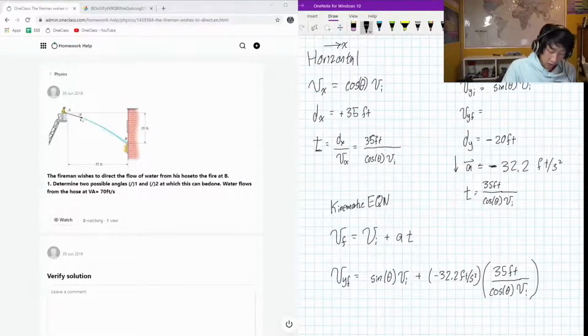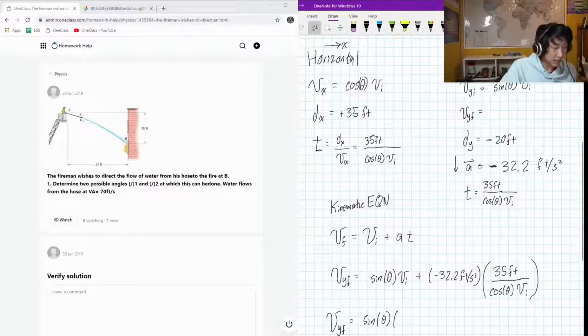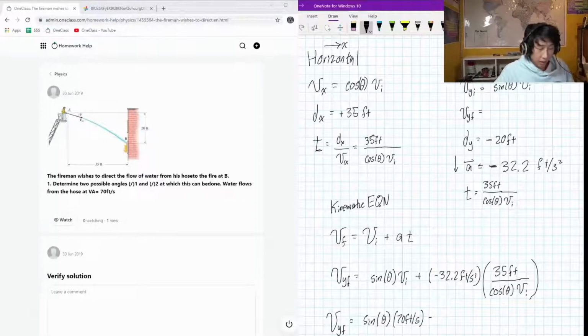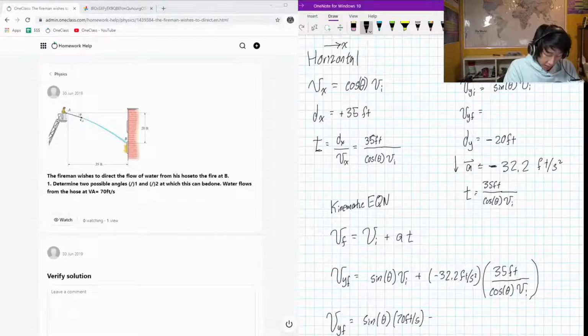Let's actually sub in Vi for this equation: sine theta times Vi, which was 70 feet per second, whoops, not equals, this is going to be minus 32.2 times 35 divided by Vi, which is 70.